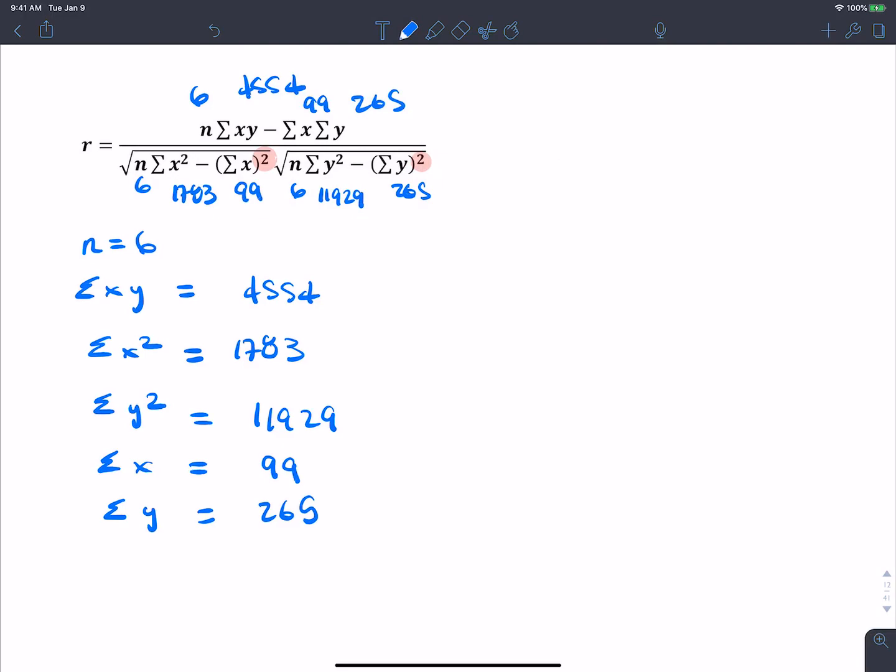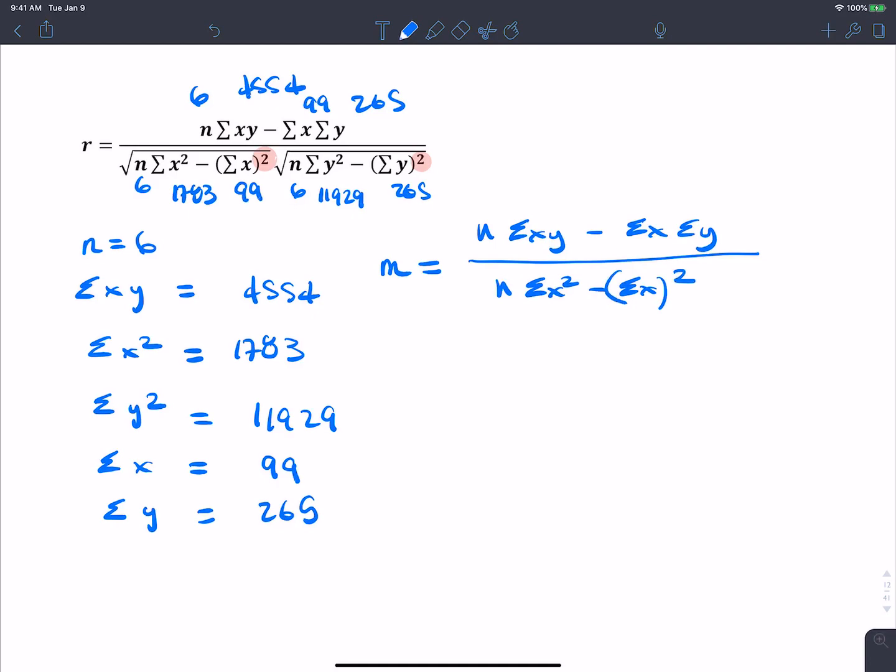Okay, so m for our slope will be n sum xy minus sum x sum y over n sum x squared minus, remember this, sum x in parentheses squared. This is how we're going to get our slope.